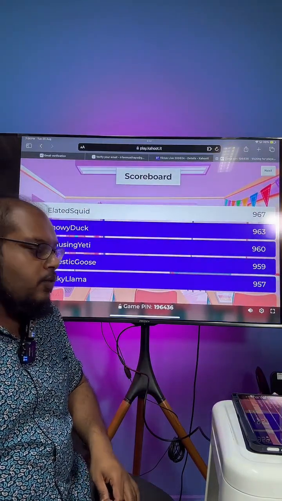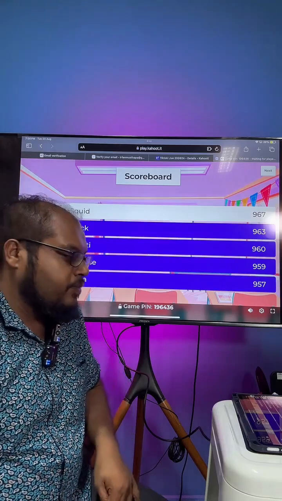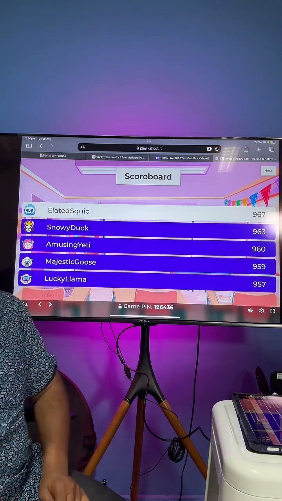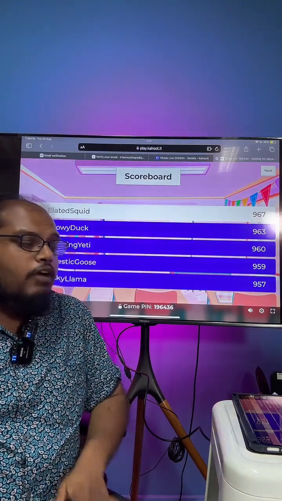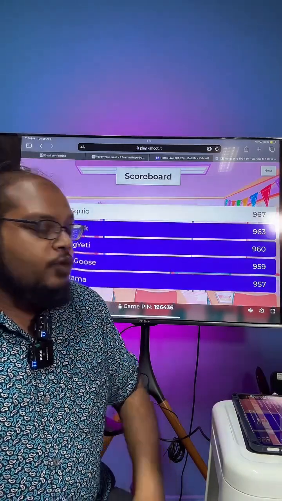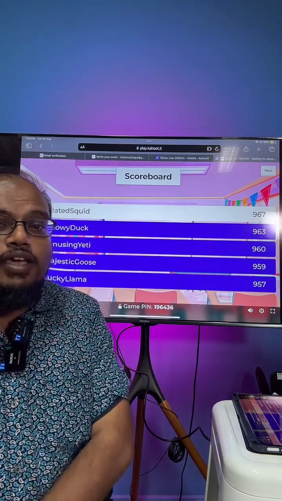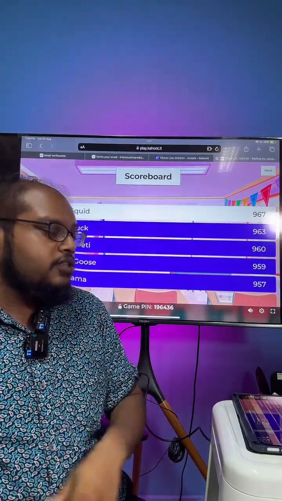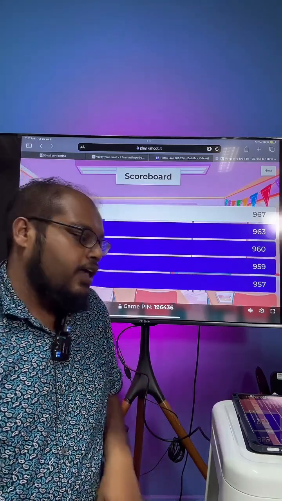Then we have a snowy duck, an amusing yeti, the majestic goose, and the lucky llama. If your score right now is 940 something or 930 something, you still stand a high chance to catch up. Even if you are at 800 something, as long as you are one of those 50 people who got it correct just now, you still stand a chance. Just try to answer the next question slightly faster.